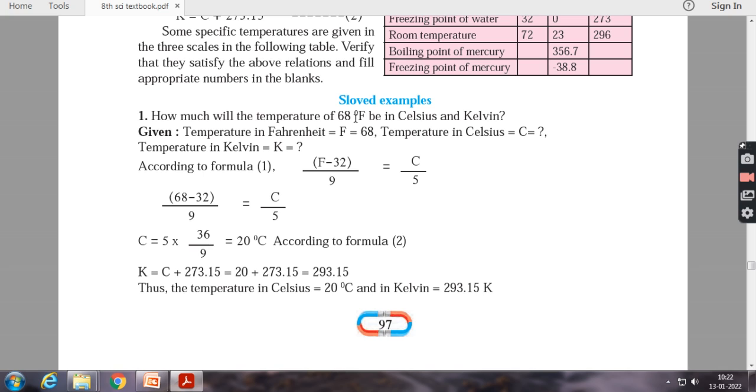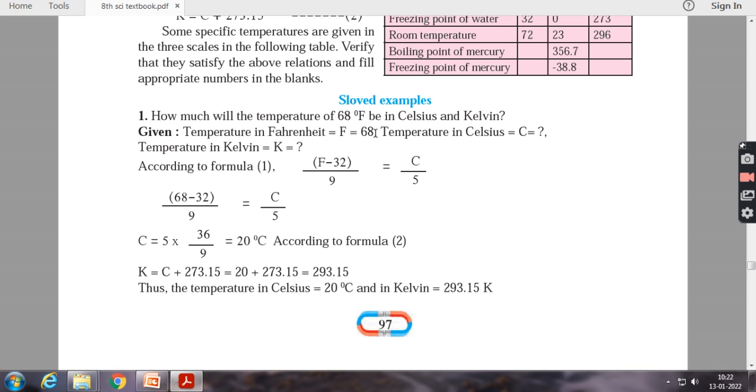See, from the solved example: how much will the temperature of 68 Fahrenheit be in Celsius and Kelvin? F is given, F is 68, and we have to find C and also K. According to the formula, (F minus 32) upon 9 is equal to C upon 5.